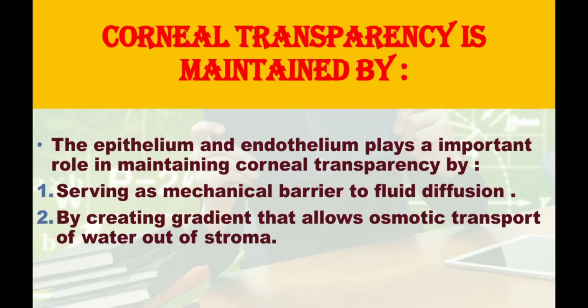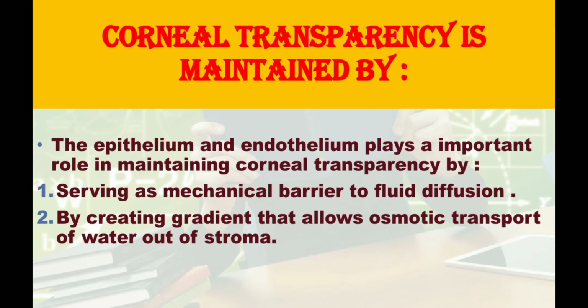Now, if corneal transparency can be lost through those two factors, how should we maintain it? Corneal transparency is maintained by the epithelium and endothelium, which serve as a mechanical barrier to fluid diffusion.